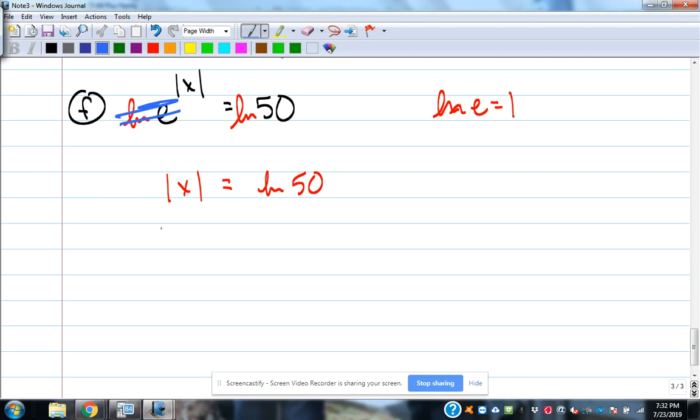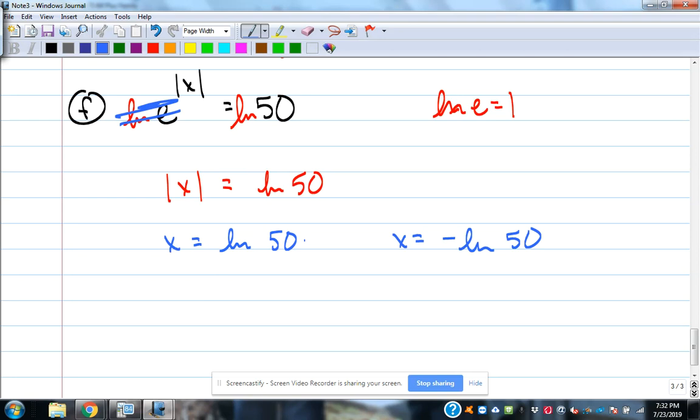So here's where we've got to remember absolute value equations. When we did those, you have to set up x equals the natural log of 50 and x equals the negative natural log of 50, because absolute value is a distance away from 0. So it could be at positive natural log of 50 or negative natural log of 50.